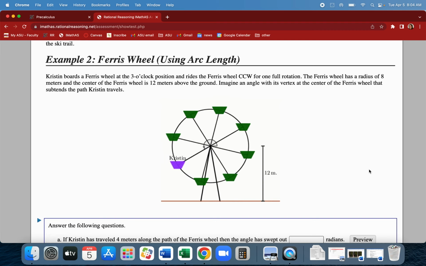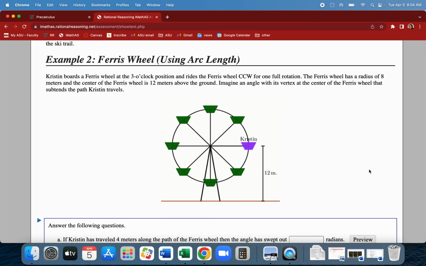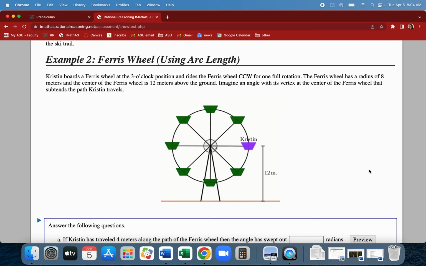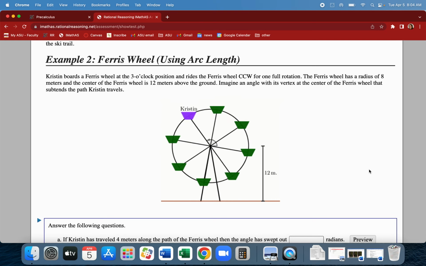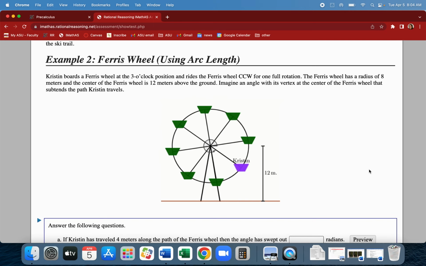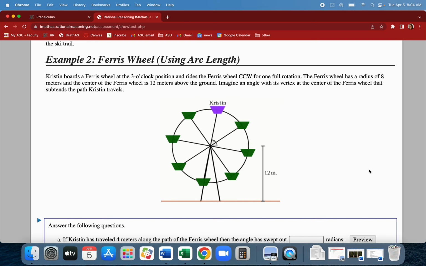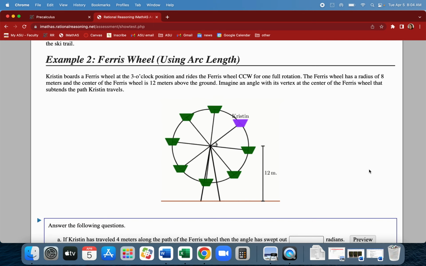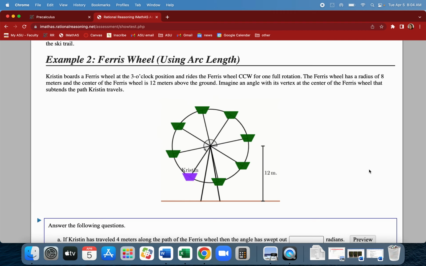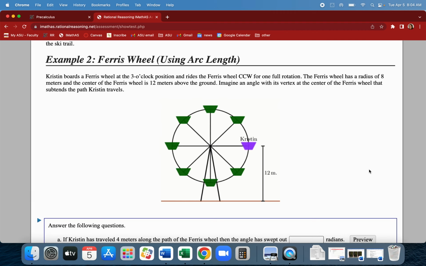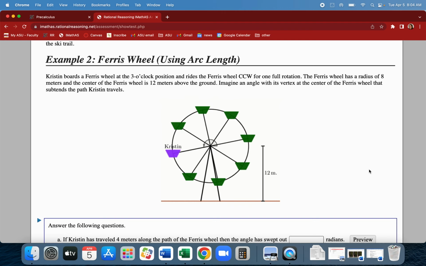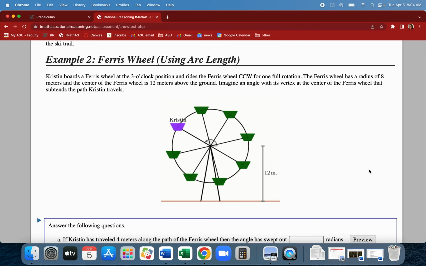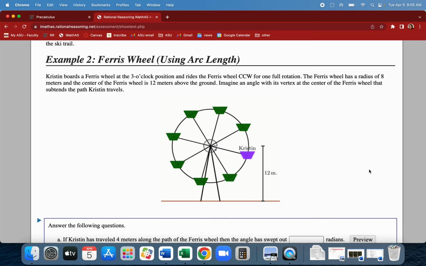If I want to talk about distance above the ground, and the center of the circle's 12 meters above the ground, any thoughts on what I could do to alter this function, which is pretty close to what we need, to make it go, instead of between -8 and 8, between 4 and 20, or in other words, be 12 units higher?